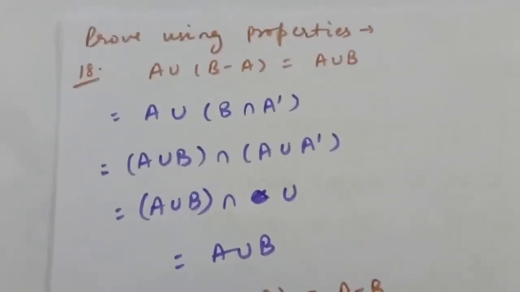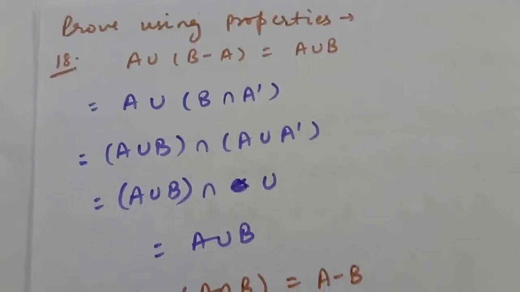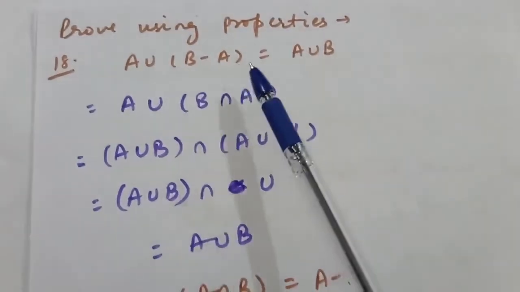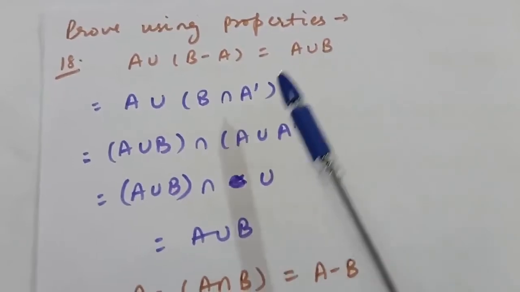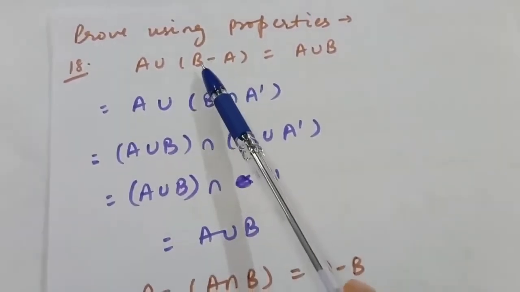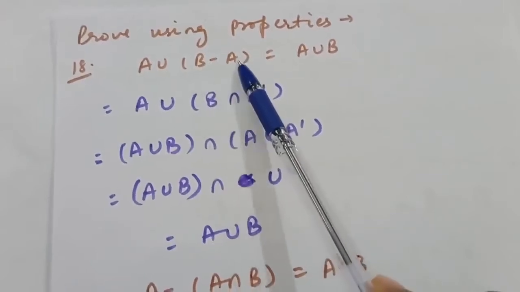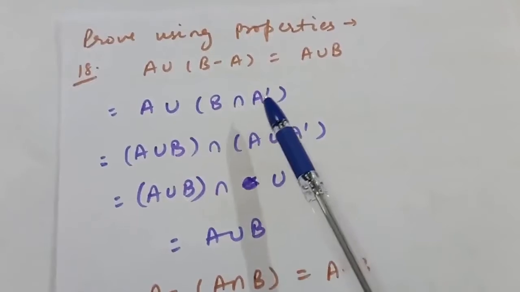Now we have to use properties to prove these results. So first, question 18th is that A union B minus A is equal to A union B. So by using property, first of all, we have just understood this formula that B minus A we can write as B intersection A complement, right?